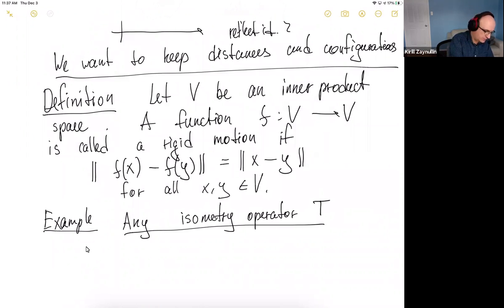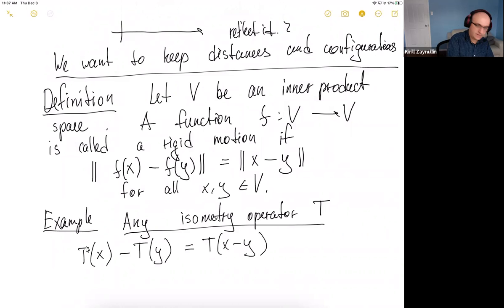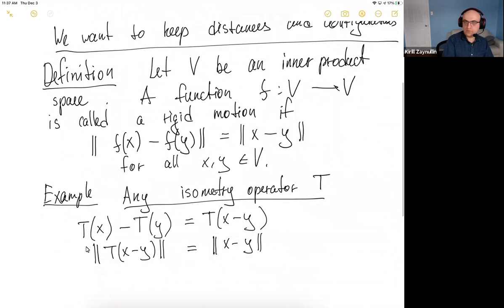Well, let's just look at the difference, T of x minus T of y. Then this is a linear transformation, linear operator, right? So you can just put x minus y inside. And because it is an isometry, it preserves the length of vectors. So meaning that the length of T(x minus y) is the same as the length of x minus y. Yeah? And that's what we want.